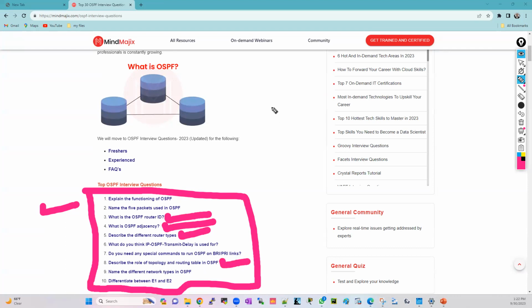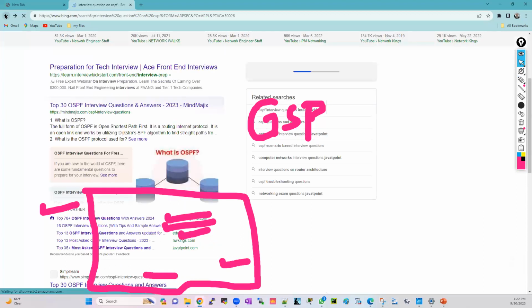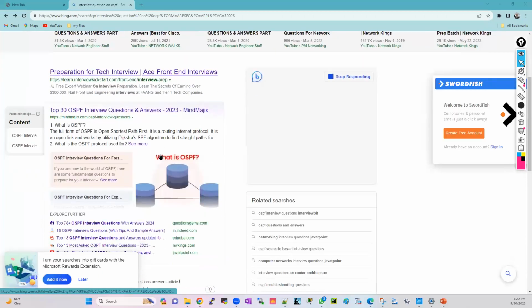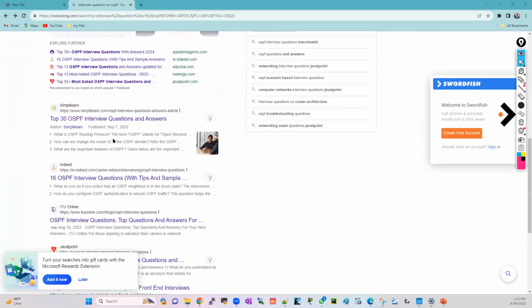This is where I use OSPF as an example of GPS. And differentiate this, name the different network types in OSPF. This is not even a good question per se. Let's look for good questions.